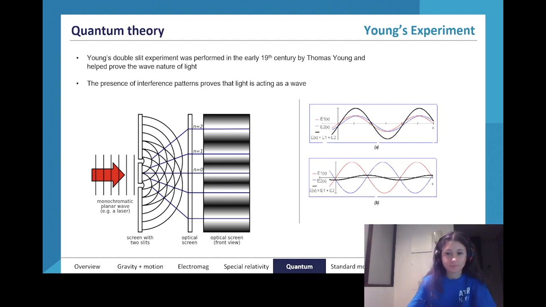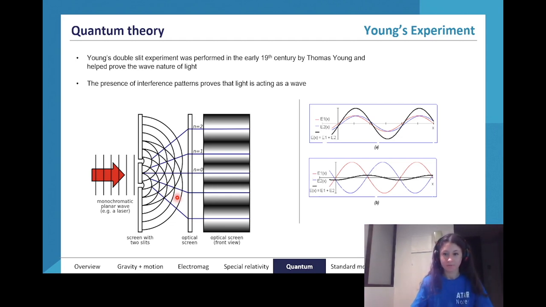What Young observed was that if he had a screen with two slits and he shone light through the screen, he would see a destructive and constructive interference pattern, which you would have learnt about previously in year 11 with waves.